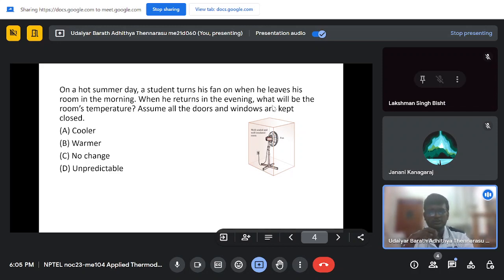We have shown an image depicting that: a room of the student with the fan running, isolated, no doors and windows, so no transfer is taking place. What will happen to the temperature of the room inside? Option A, it will become cooler. Option B, it will become warmer. C, there will be no change in temperature. And D, it cannot be predicted.